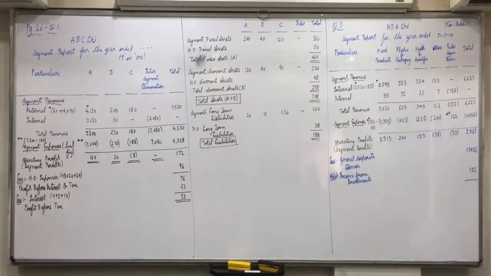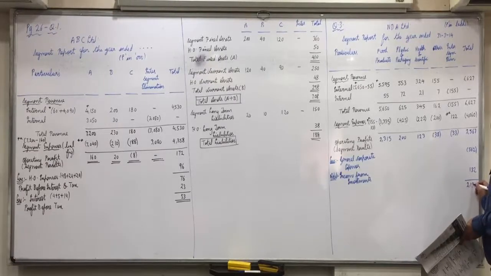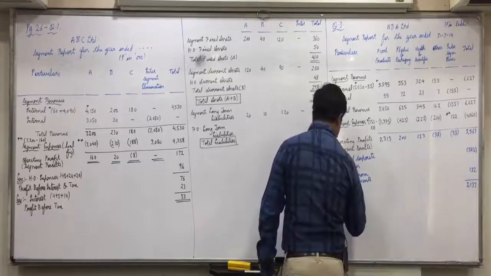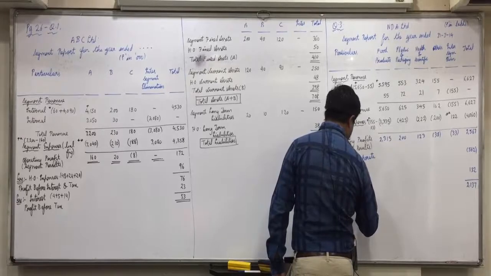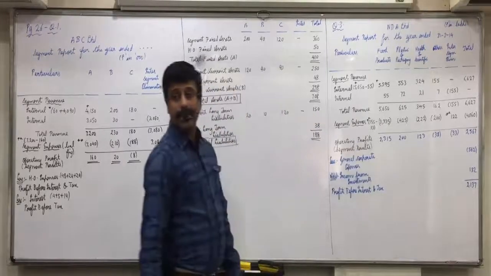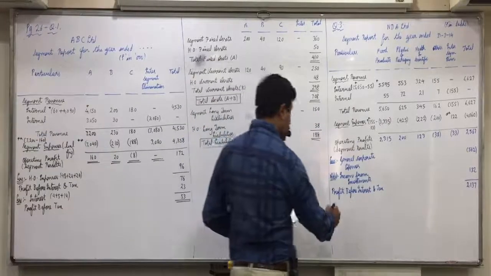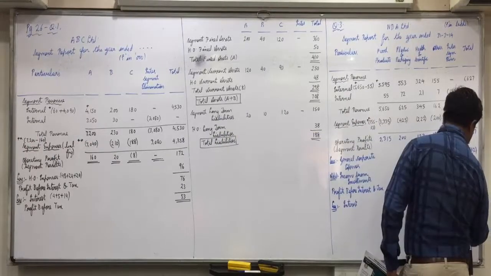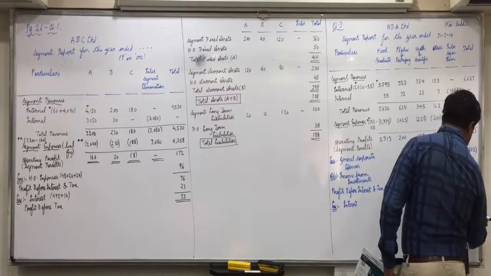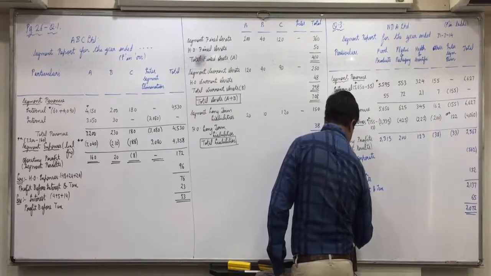So 2567 minus 562 plus 132, 2137. What is that? Profits before interest and tax. Is everyone clear with this? Then minus interest. How much is that? 65. So 2137 minus 65, 2072. What is that? Profits before tax.